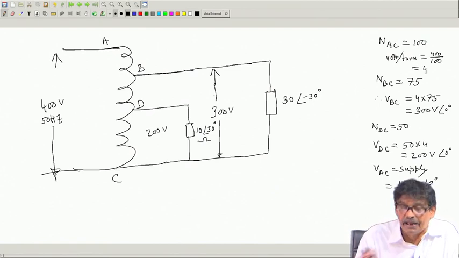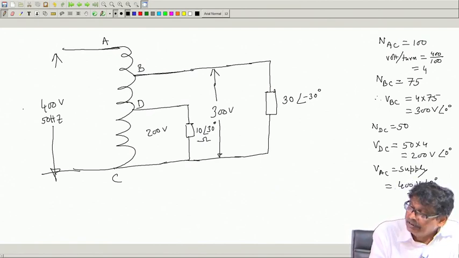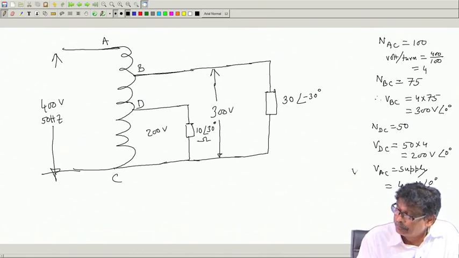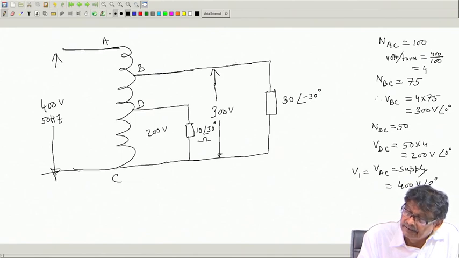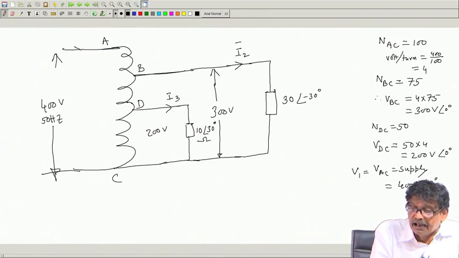So, these two must match. This is your V 1 supply voltage. Therefore, let this be I 2, let this be I 3 and let this be I 1.